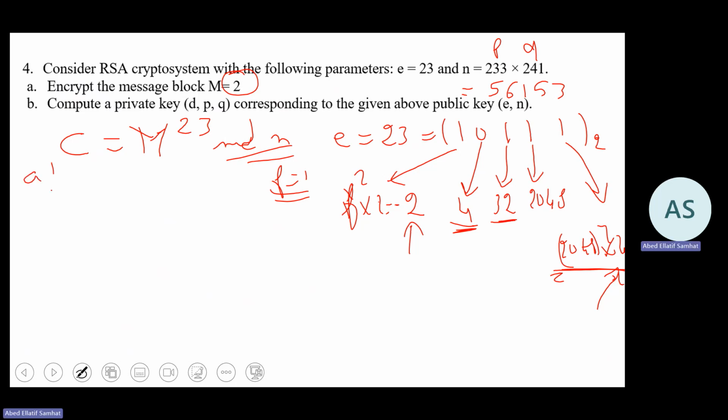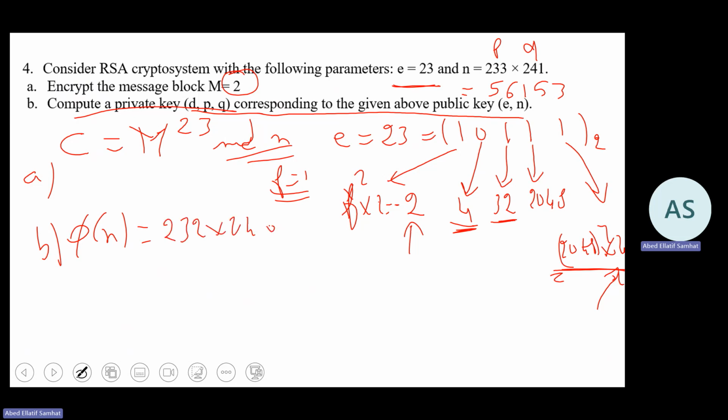Here, as part B, we should compute the private key corresponding to the given public key. Because we have P and Q, we have phi of n equal to P minus 1 times Q minus 1, and it will be 232 times 240. We should find D times E to be equal to 1 mod phi.